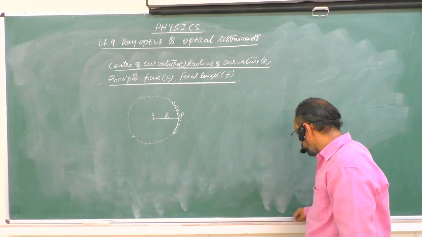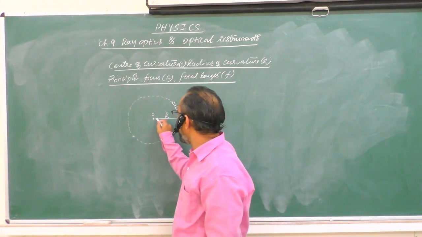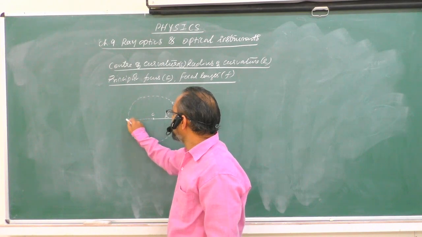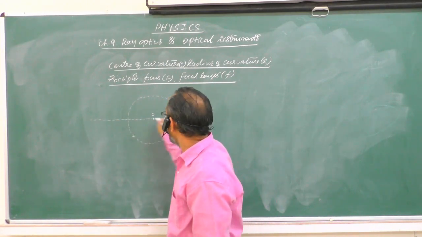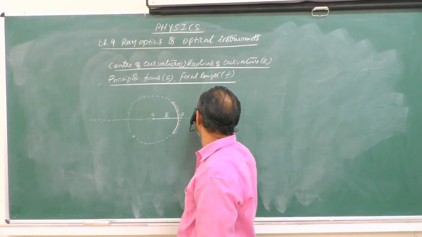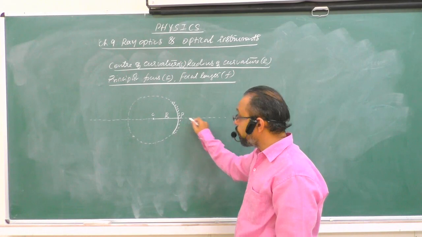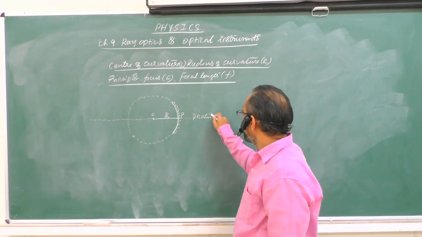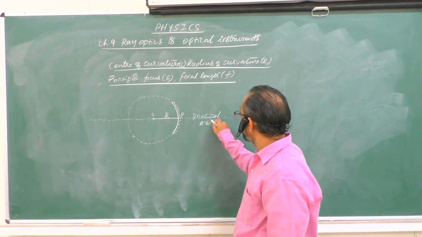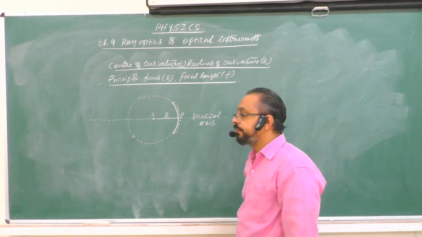To understand the principal focus, I have to adjust something in the picture. Say this is the principal axis. There is no importance to the line beyond this mirror, so let me use it only to say this line stands for the principal axis.